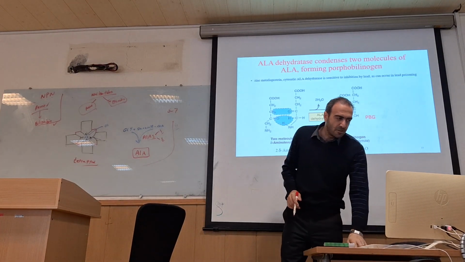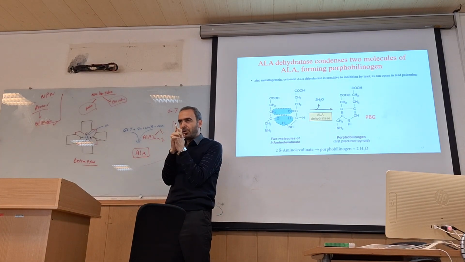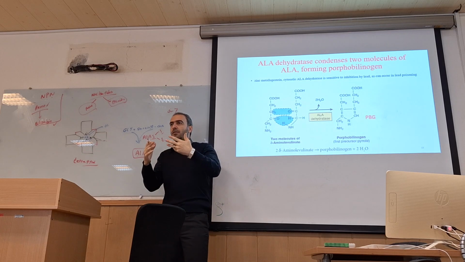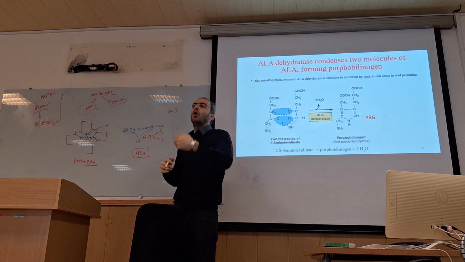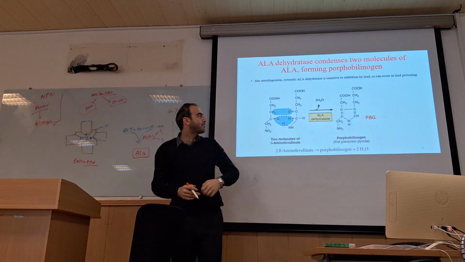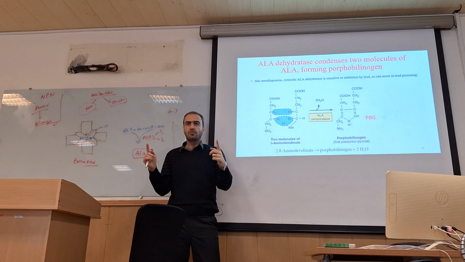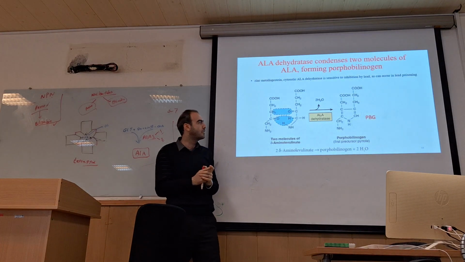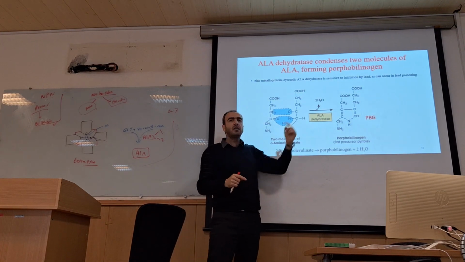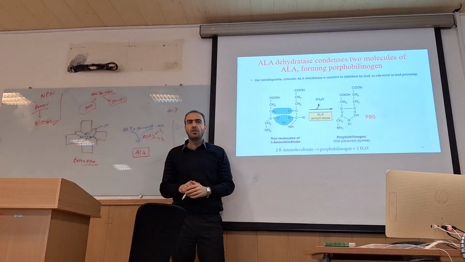In the next reaction, we have glycine and succinyl CoA combined together. Then we send it out of the mitochondria to the cytoplasm. We combine 2 molecules of ALA together, and we remove water.